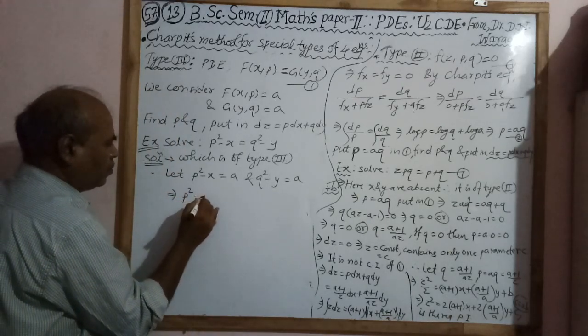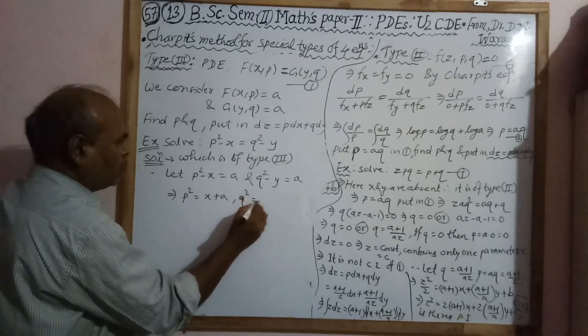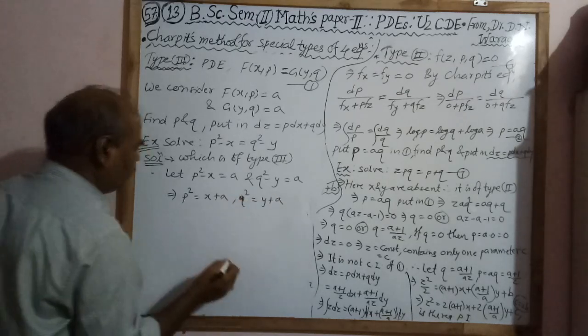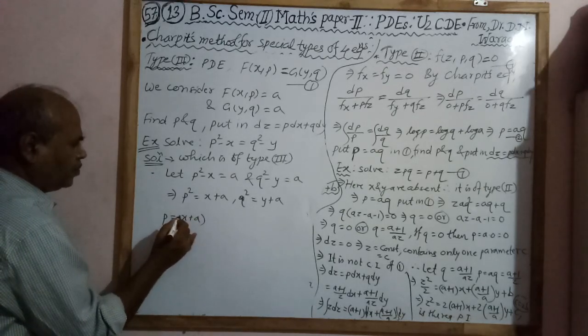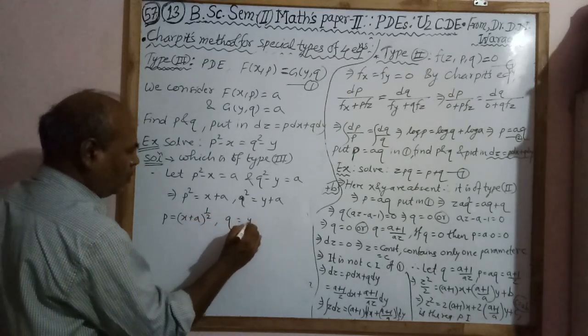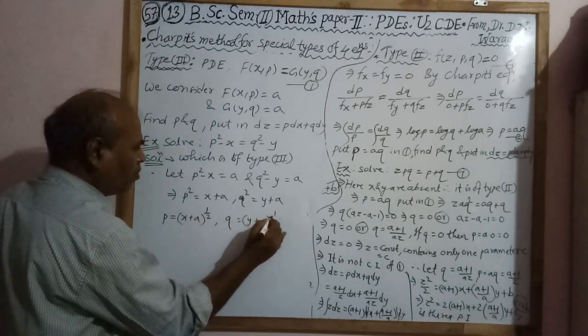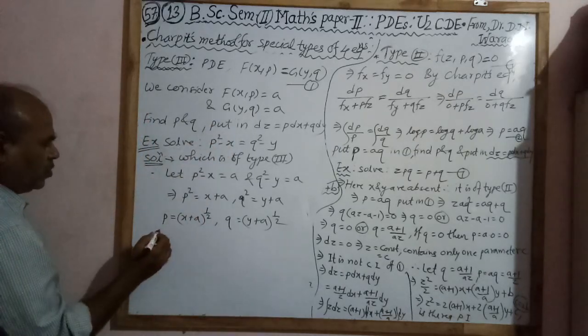Therefore p square equal to x plus a, q square equal to y plus a. Therefore p equal to (x plus a) to the power half, q equal to (y plus a) to the power half. Then put p and q in the equation p dx plus q dy.